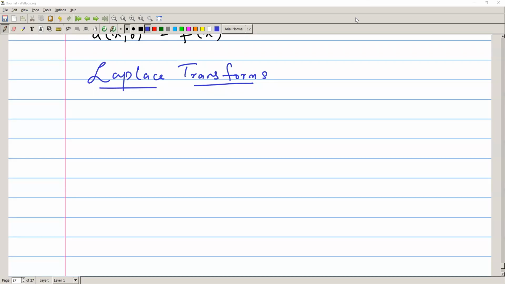In the earlier example, we solved this problem using Duhamel's principle and splitting the problem into two parts. So now we are going to use the Laplace transform method to solve this equation. So we'll see how this method works.